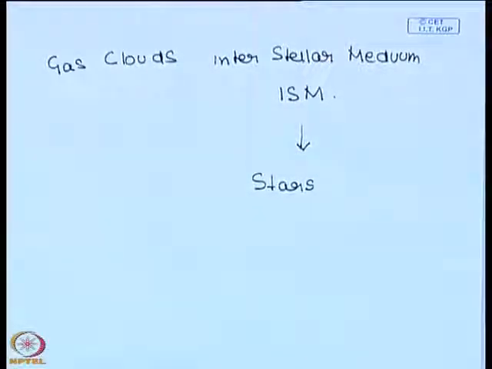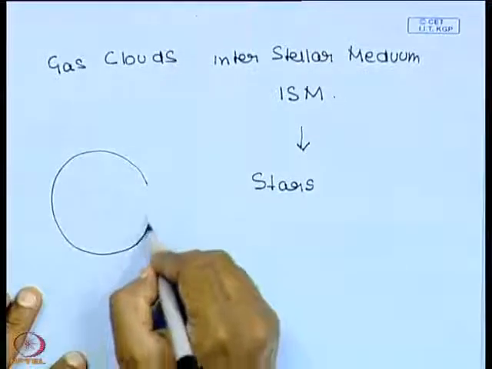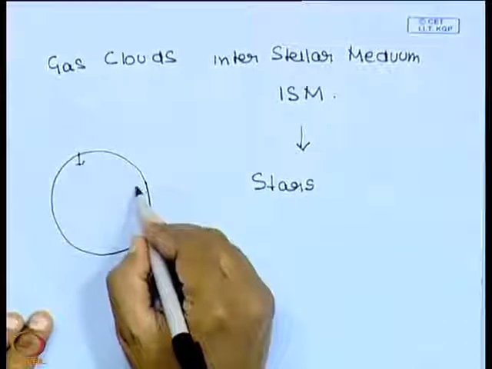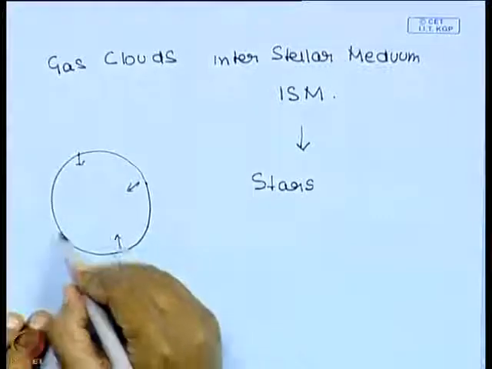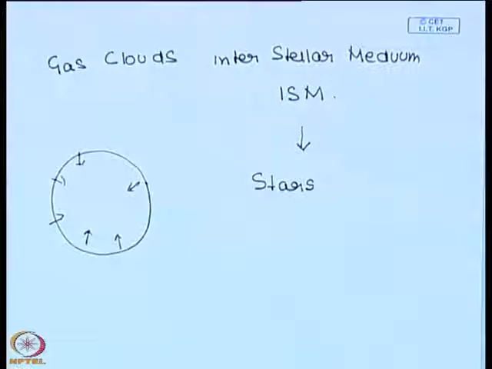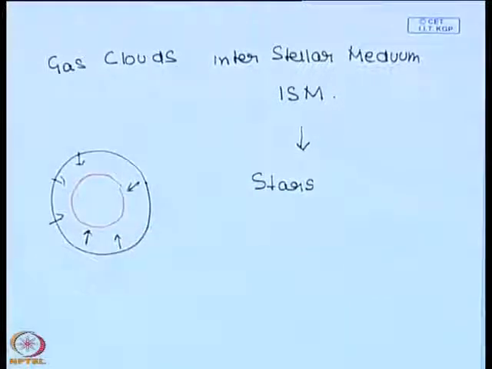Now, when a gas cloud collapses, so just imagine this is a gas cloud and it is collapsing, as it collapses the temperature is going to rise, and after a certain amount of collapse the temperature in the center, in some central region, is going to be adequately high so that the hydrogen gets ionized.